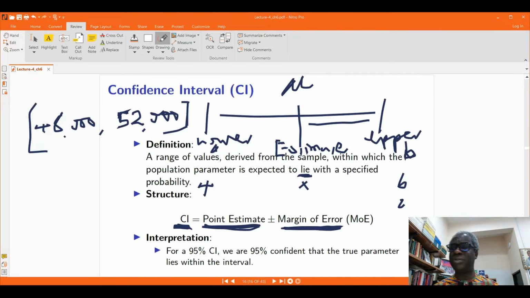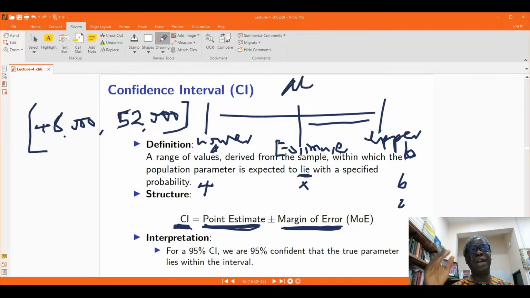And if this is computed based on a 95% confidence interval, I will still talk more about that, it simply means that we are 95% confident that the true mean income lies within 48,000 and 52,000.